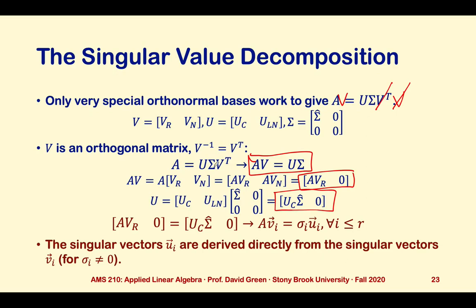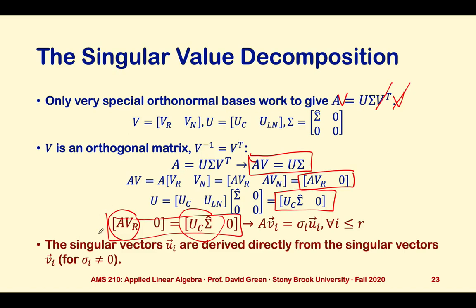This equivalence can be expressed as this block matrix equivalence. The 0 equals 0 are kind of uninteresting, but we have A times the row space vectors equals the column space vectors multiplied by sigma. Now, when we multiply on the right by a diagonal matrix, this has the effect of scaling the columns of this matrix.